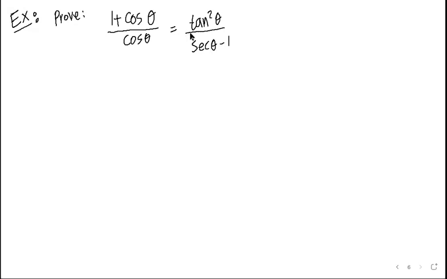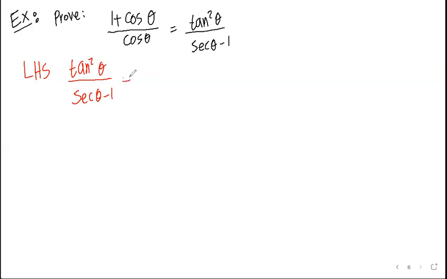How do you get tan square plus 1 equals secant square? Let's start from the second side, okay? It's the left hand side: tan square of theta over secant theta minus 1.